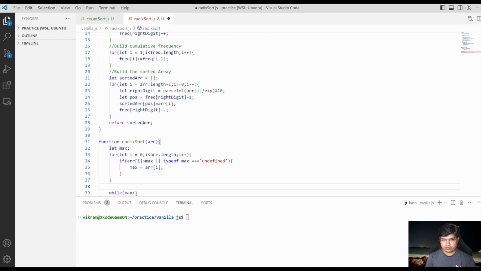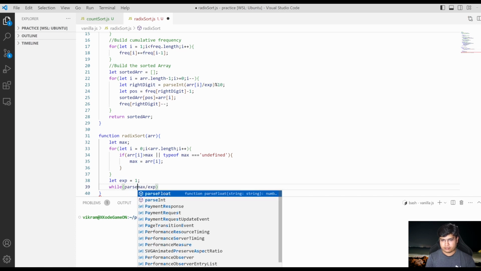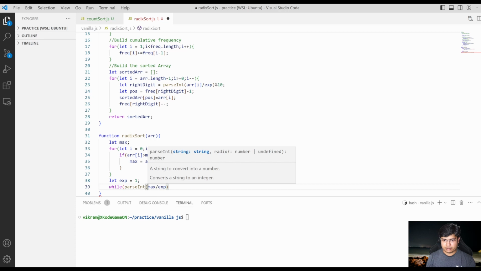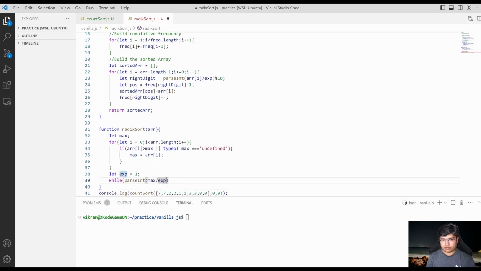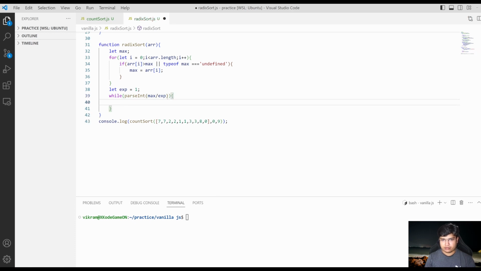I need to take one more variable, let exp equals 1, and I have to only worry about the integer part here. We can safely ignore the rest, as long as the max divided by exp is greater than 0.